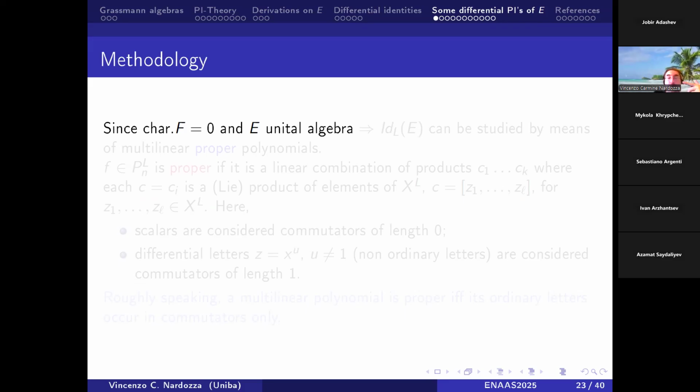But since E is also a unital algebra, we can study the identities of E by means of multilinear proper polynomials, not just multilinear.